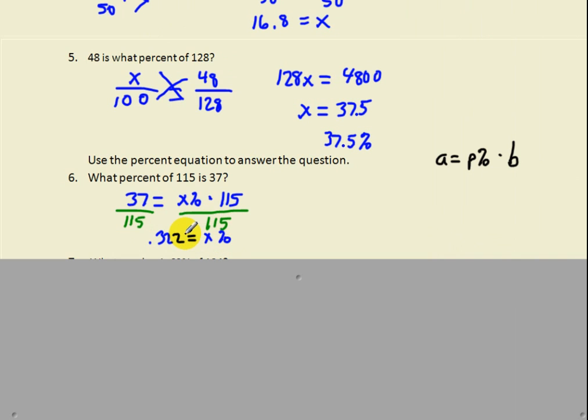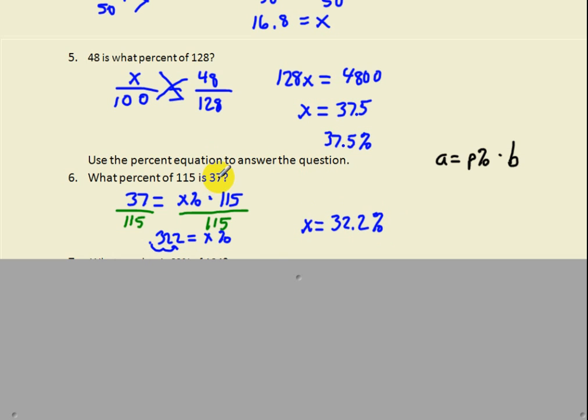But remember that really this is our decimal answer that we need to convert to a percent. And so in this method we have to move our decimal place 2 to the right to say that X is equal to 32.2%.